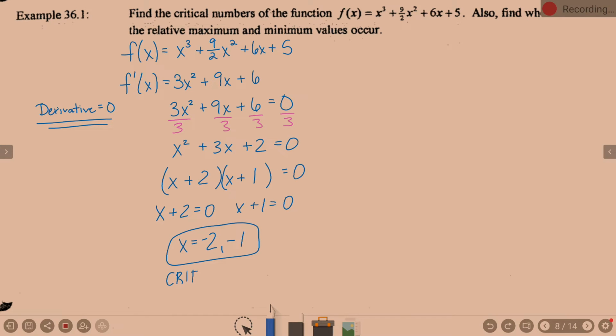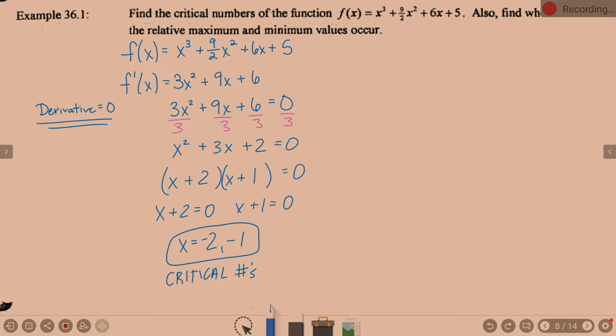You have just found your first set of critical numbers. Those are your critical numbers. Now, that's not what the question asked, though, I don't believe. It started off, find the critical numbers, check, of this function.